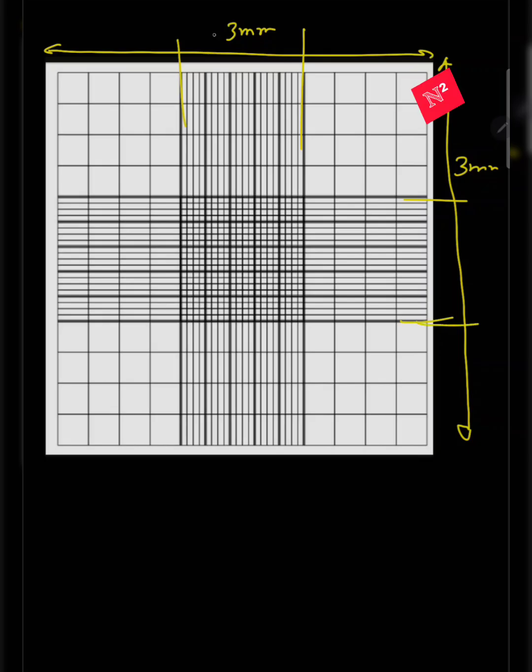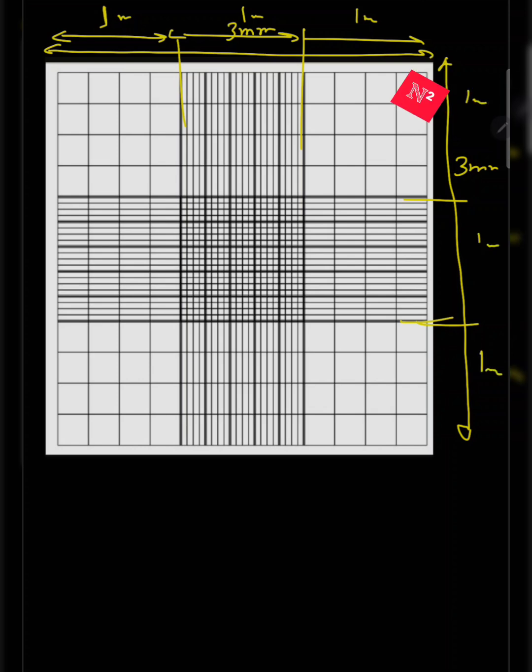So this 3 millimeter is divided into 1 millimeter each part. The length of this part is 1 millimeter, this part is 1 millimeter, this part is also 1 millimeter. Similarly over here, 1 millimeter, 1 millimeter, 1 millimeter.